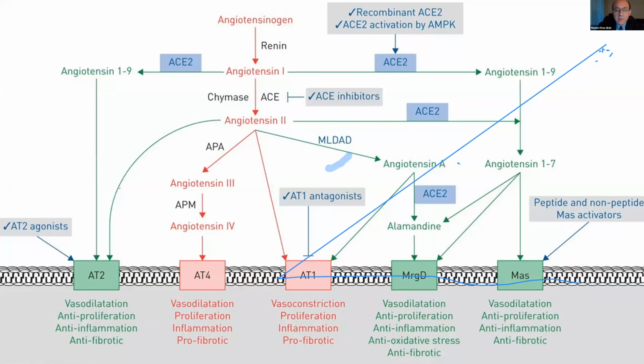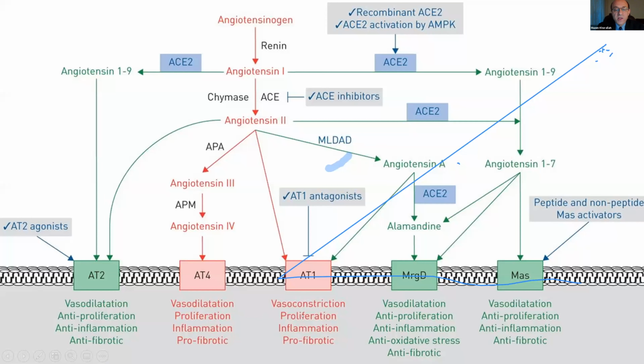What I want you to notice here is that we have kind of opposite effects on the lungs. What you see in the green color is mainly vasodilation, anti-proliferation, anti-inflammation, and anti-fibrosis. What you see in the red color is vasoconstriction here and vasodilation here, but everything else is the opposite.